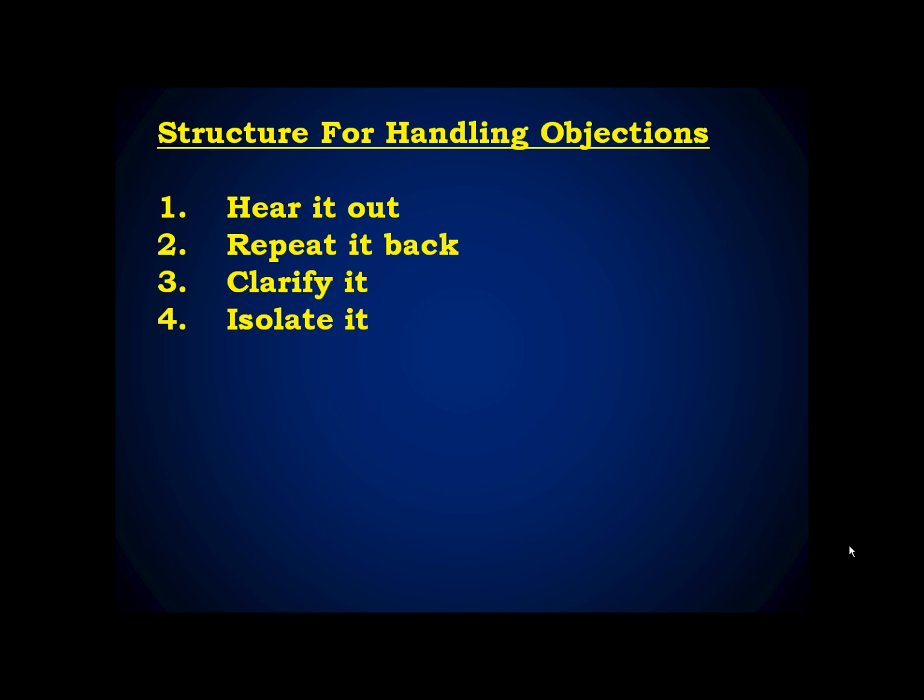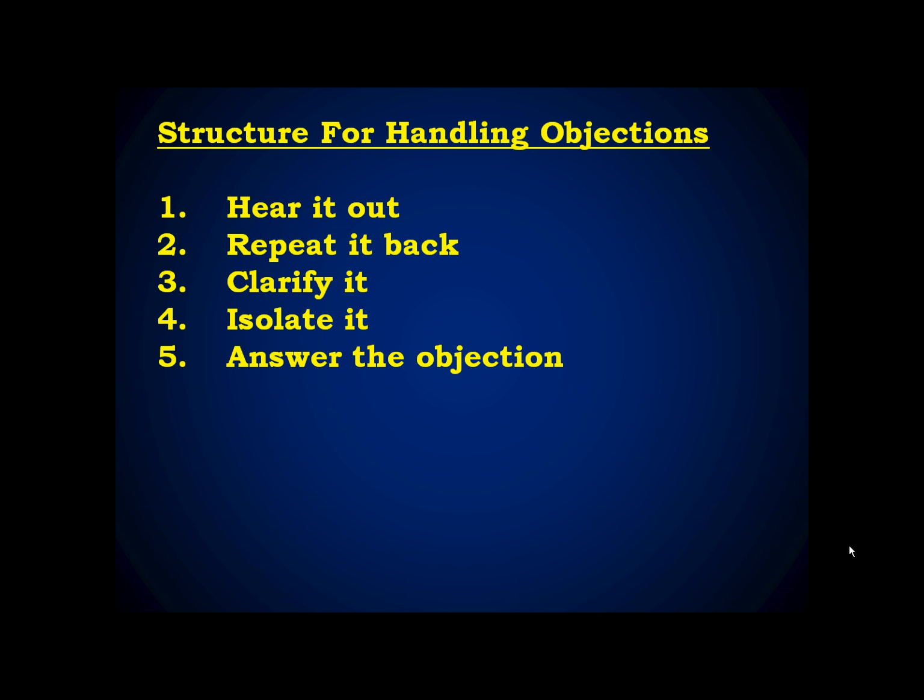So the next step is to answer the objection. And right now on this video tutorial, what we're doing is we're going through the structure. Watch out for another video presentation where we go through the different methods of answering the objection.